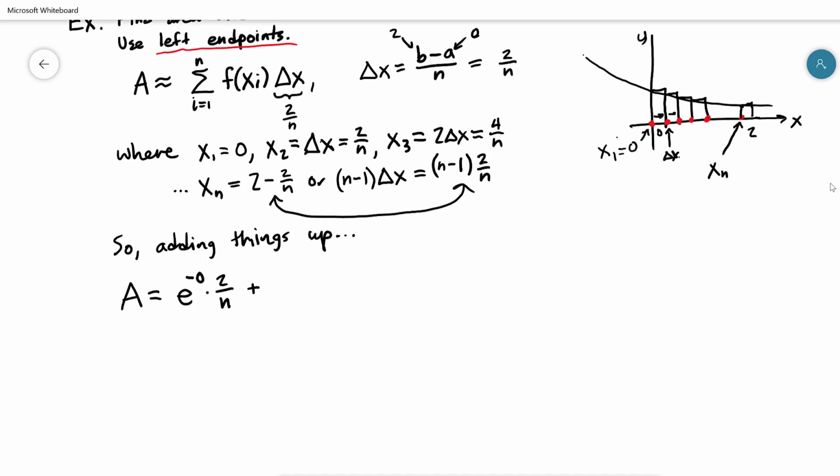The next one is going to be e to the negative x2, but x2 is 2 over n, so e to the negative 2 over n times its delta x, which was also 2 over n, plus now I will need to evaluate it at the third point, which is 2 delta x's in. That was 4 over n, so this is going to be e to the negative 4 over n times its 2 over n. So these are all the heights.